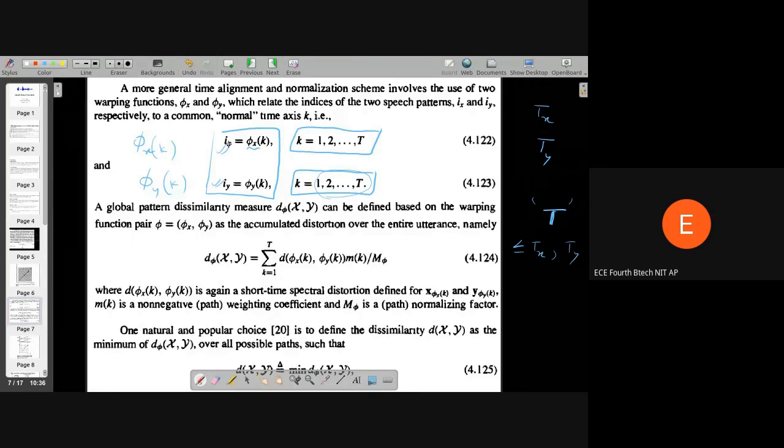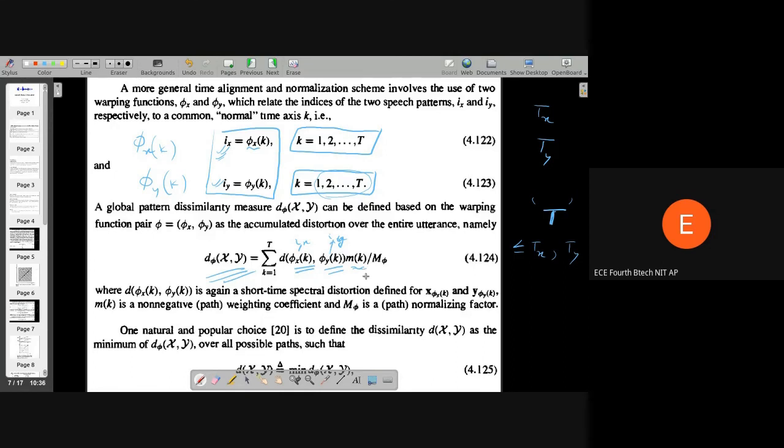So when you do that, you get this. What is this? Ix, Iy. These are the ones we will compare, the individual points of the two sequences. And then if you sum them up, you get a cumulative cost. What is the mk here? When you are finding or comparing individual points, it's basically finding a path.